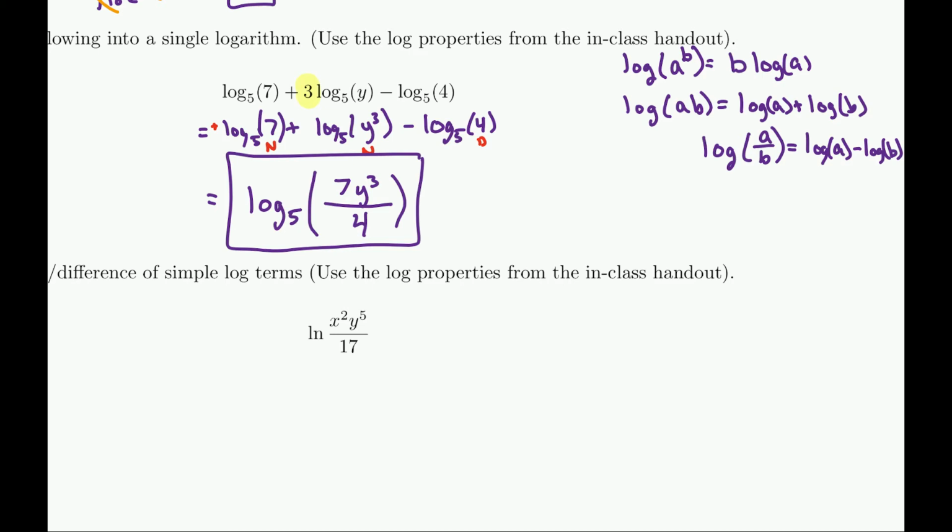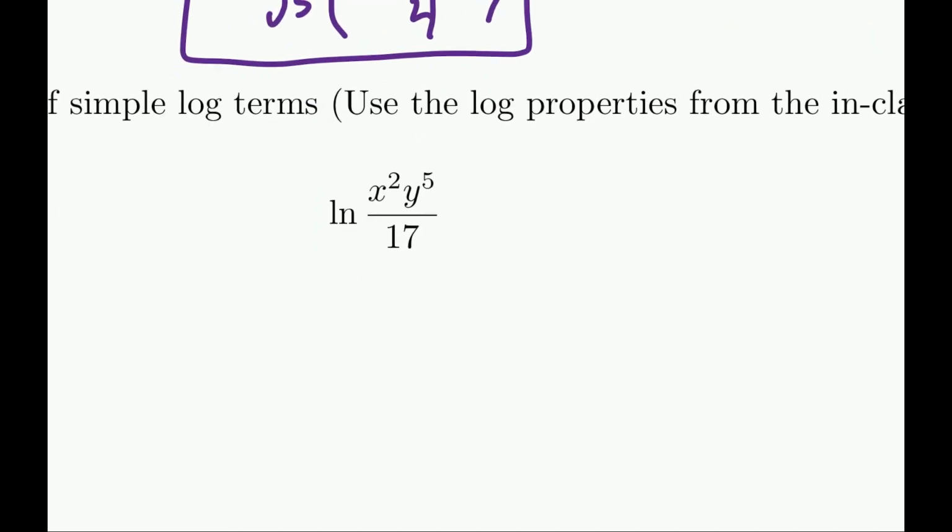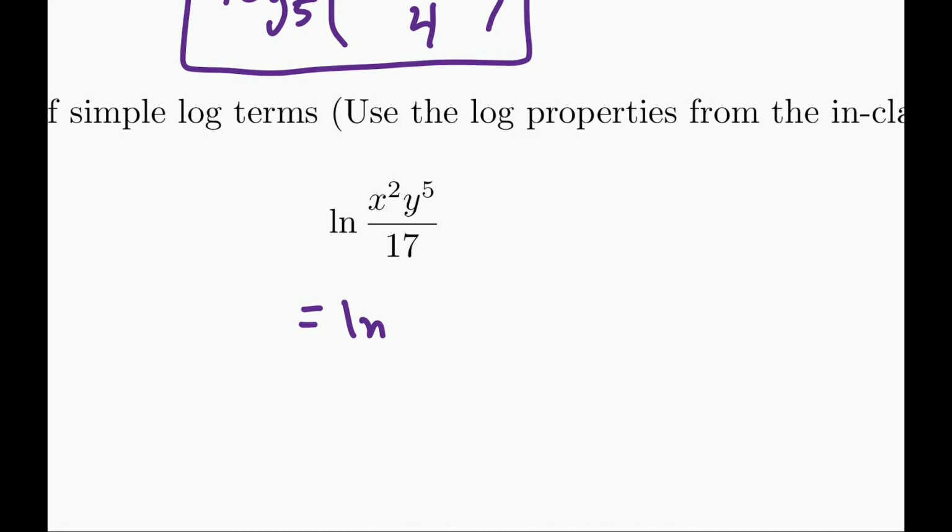So the first thing to do is to split this up, and you just have 3 things here. So we've got just simply this, and this, right? The x to the 2, the y to the 5, and the 17. And we split that up into 3 logs then.